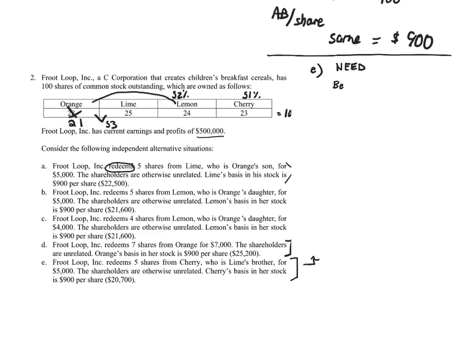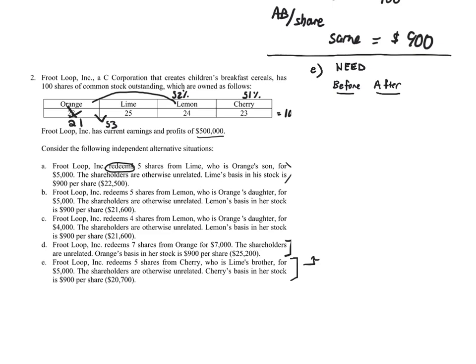We've got before and after. So the before, we have to take into account any direct and indirect ownership. Now, we are told that Cherry is Lime's brother. But for purposes of the related party rules, on the attribution rules, I showed you the family attribution.